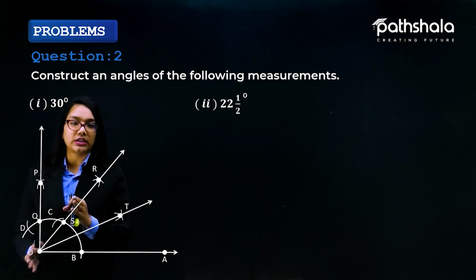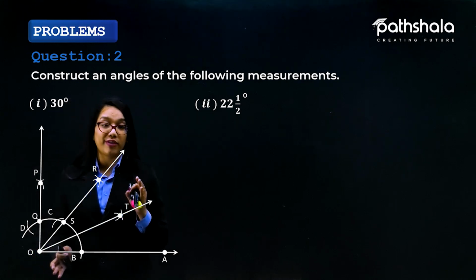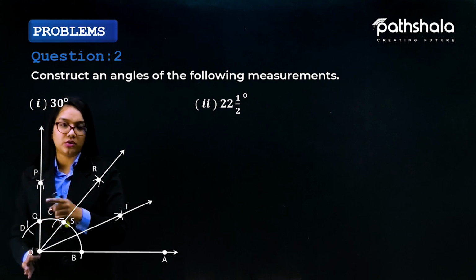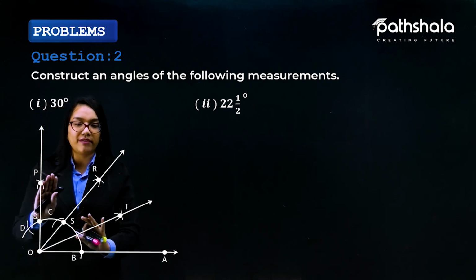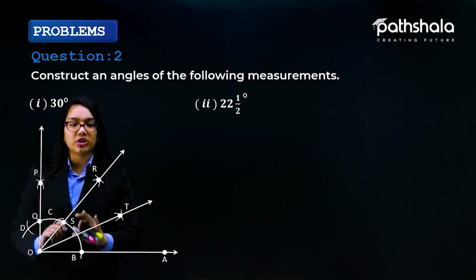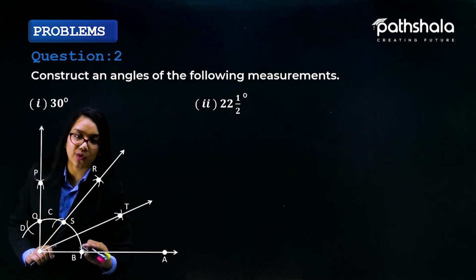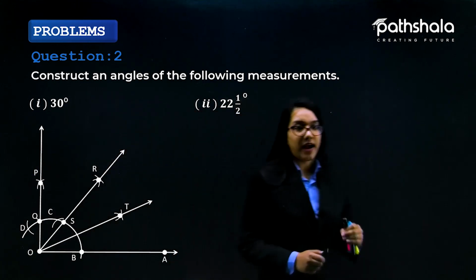Further we have constructed the angle bisector of 45 degrees, which is 22 and a half. So if I'm talking about this whole angle, this is 45 degrees, and further we have constructed an angle bisector for this angle. So this angle is 22 and a half, and this angle is also 22 and a half. So this is all about the construction of the angle 22 and a half.